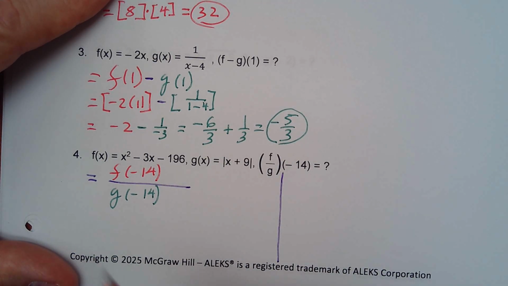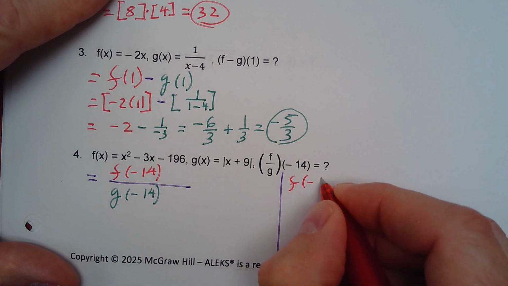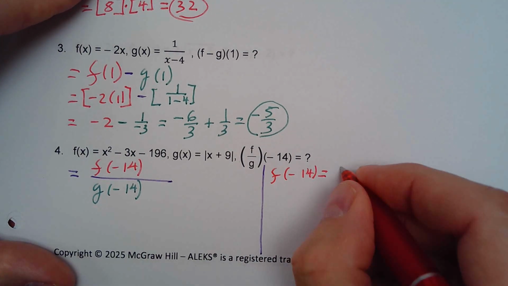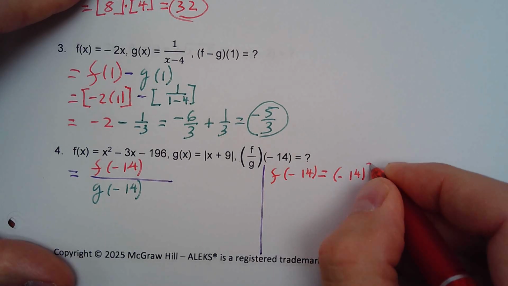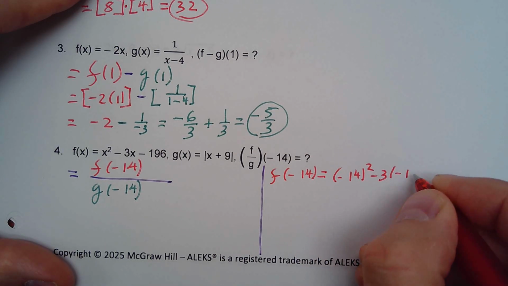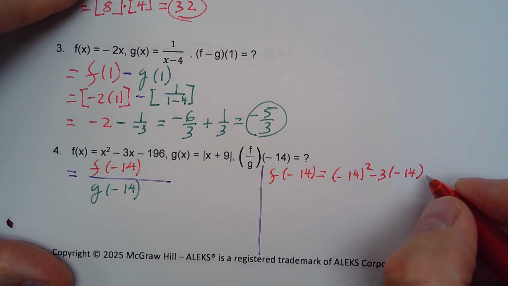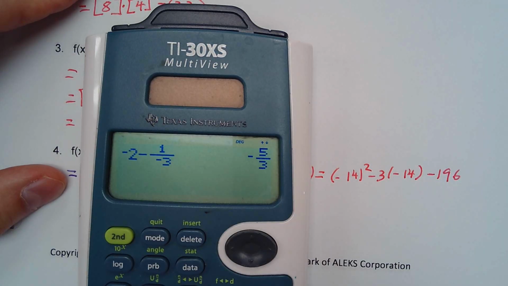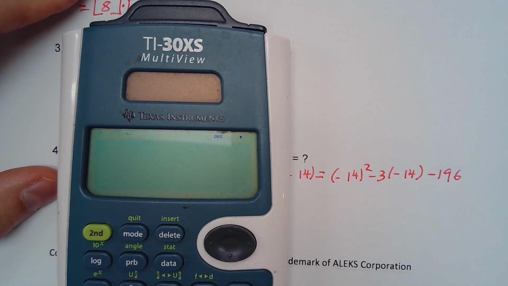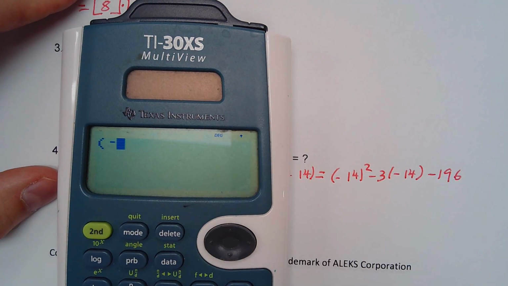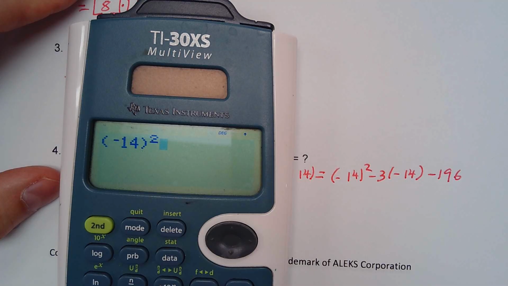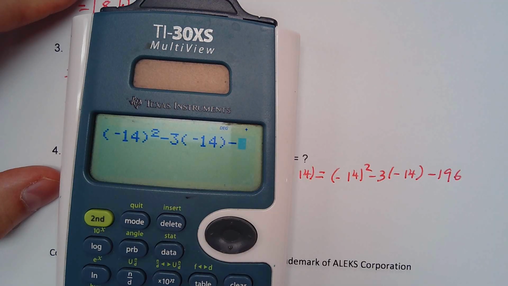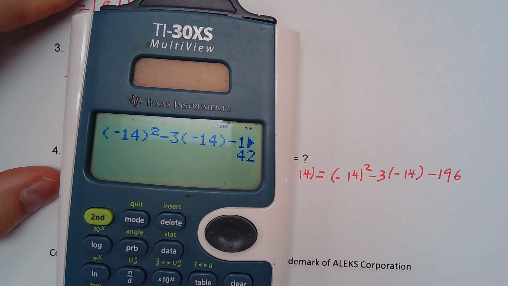So let's do f of negative 14. And I definitely want a calculator for this one. This is not for the faint of heart. Alright, so let's pop our calculator here. So that's 42.